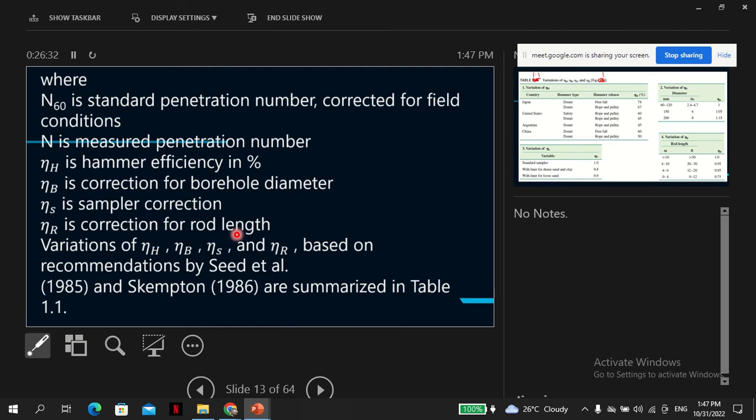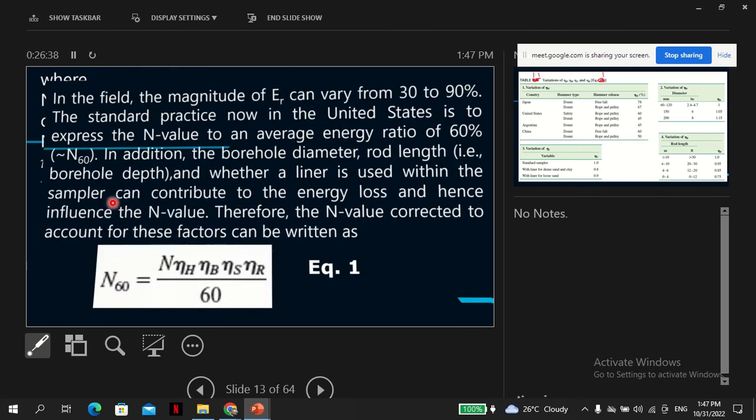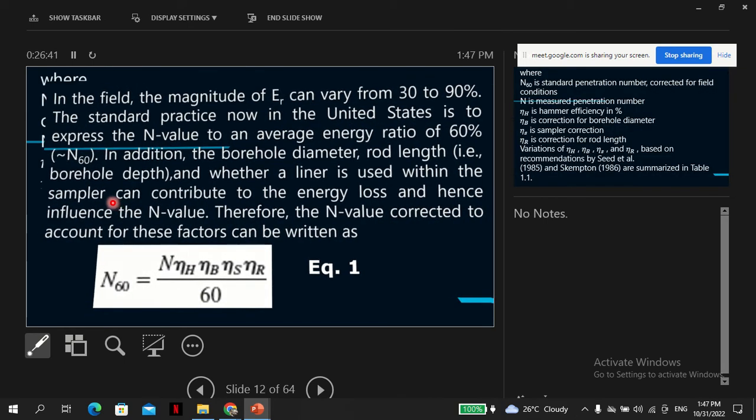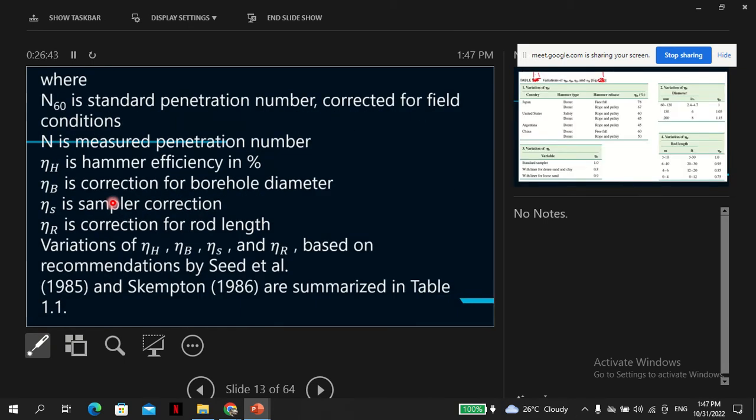N60 is the standard penetration number corrected for field conditions. We represent it as N60 because the energy is usually between 30 to 90, and the average is 60. 30 plus 90 is 120, divided by 2 is 60. That's why we refer to 60.